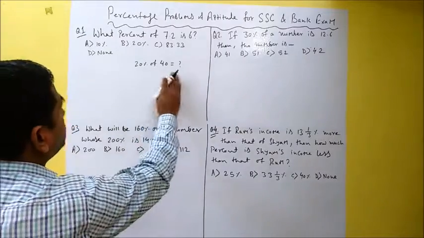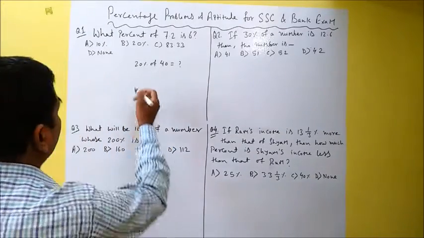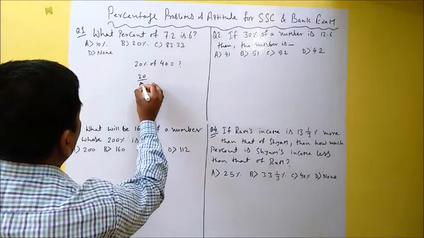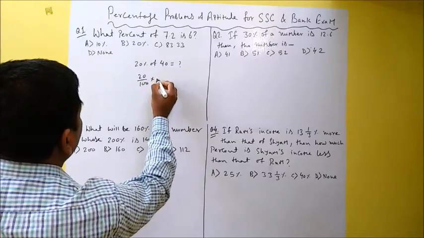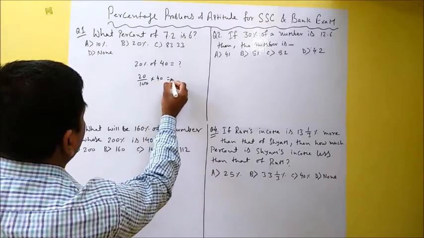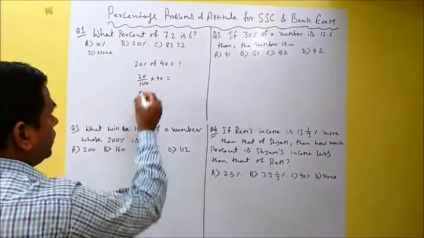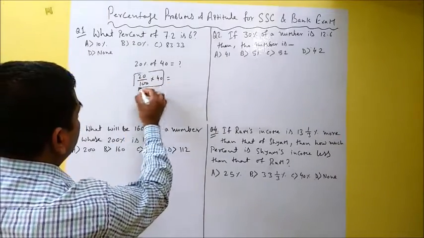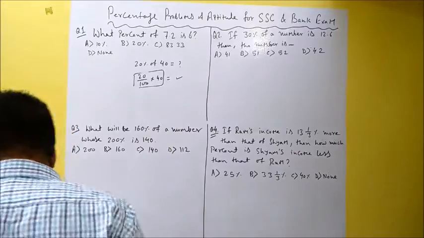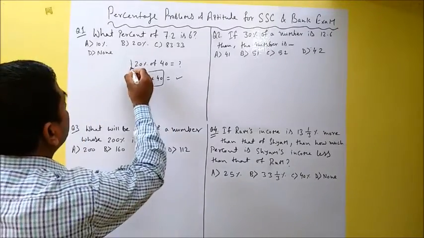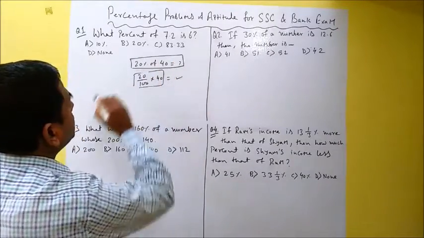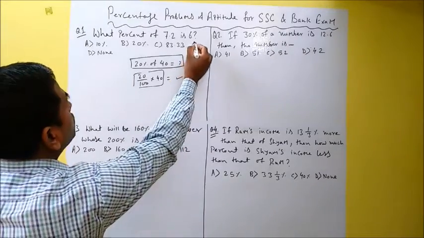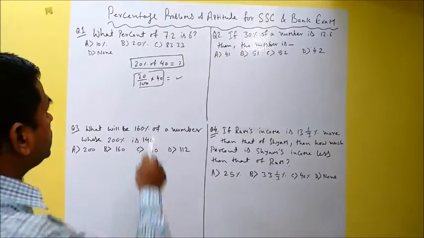I'm just recalling that previous concept quickly. 20% means 20 by 100, of means multiplication, 40 is equal to, and upon calculation we get the answer. Similarly, if you remember this statement, we will be able to solve this problem.